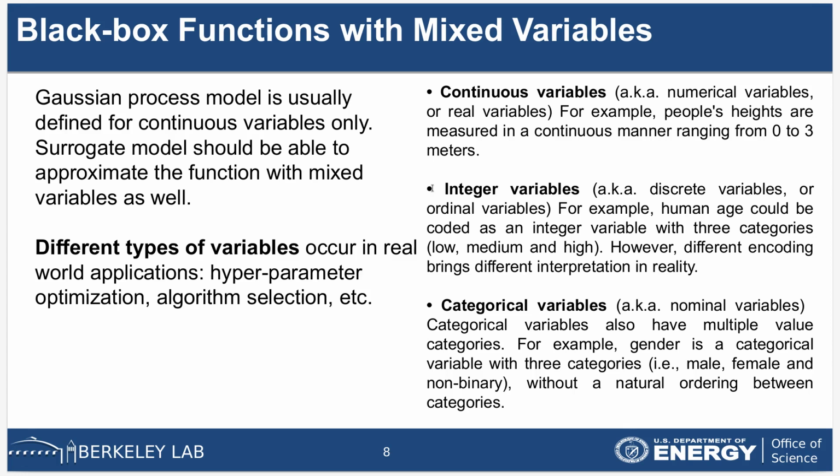So it's much harder to actually incorporate this type of variable into any of the existing surrogate models. However, different types of variables really occur in real-world applications. For example, the hyperparameter optimization of neural networks, among other machine learning algorithms.